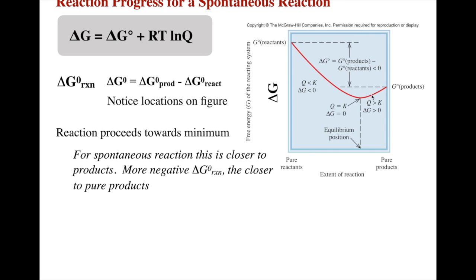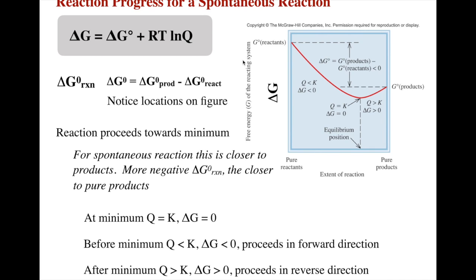If we proceed beyond that, the delta G, the free energy change, becomes more and more positive, and Q becomes greater than K. So at the minimum is where we're at equilibrium and delta G is 0.